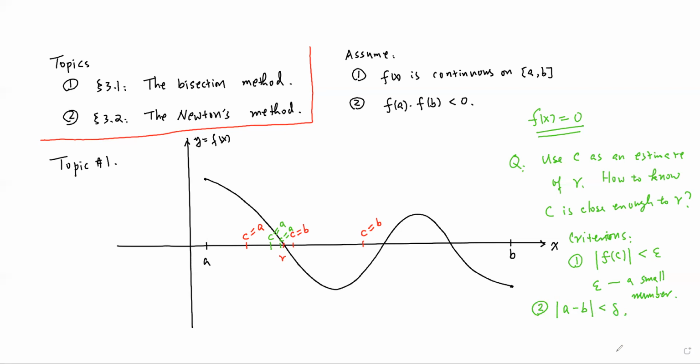Delta is also provided by the user of the bisection method. And it is, again, a small number. If the length of the interval AB is small enough, then we stop and consider the midpoint of the interval AB as the root.